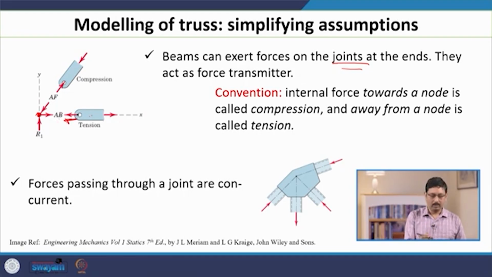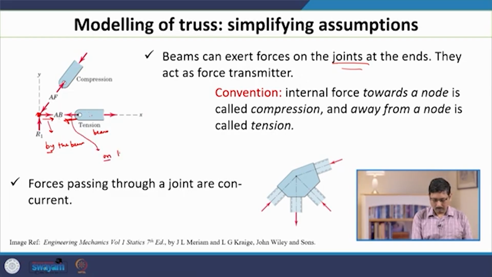By Newton's third law, this is the reaction force. So, this force is by the beam, and this force is on the beam. This is on the joint, and this is by the joint.